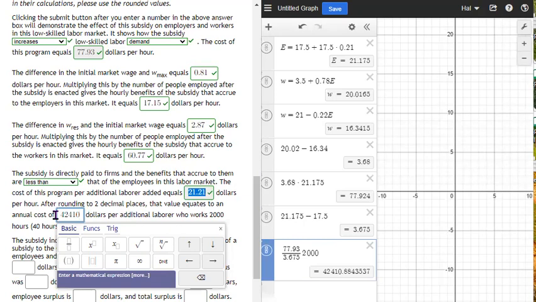the cost of this program per worker, right? If they all work full-time, 2,000 hours a year, the cost of this program is $42,410.88 per year. That's a lot of money, right? Is it worth it?